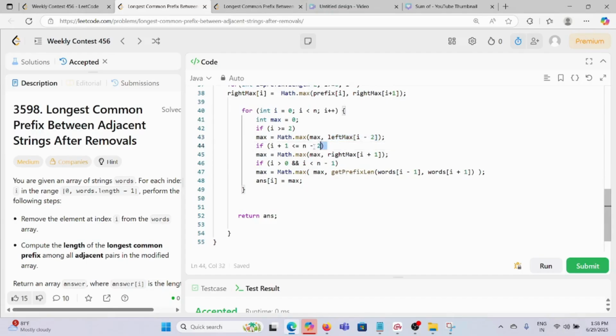Now, if I plus 1 is less than or equal to n minus 2, that is, if I is till the second last element, or you can say n we created, so n minus 2, then max equals Math.max of max and right max of I plus 1.